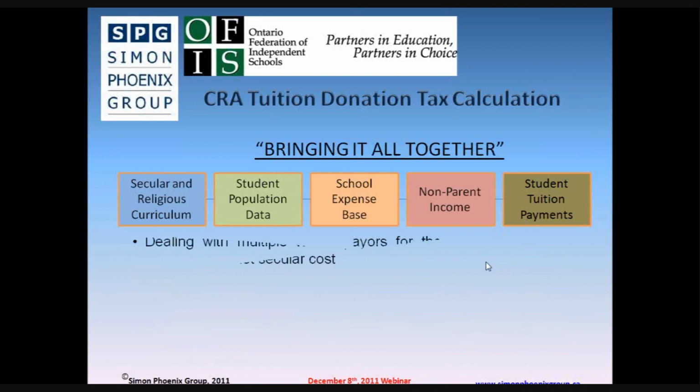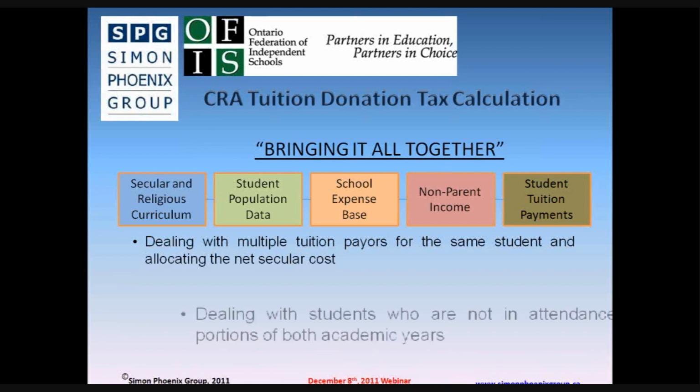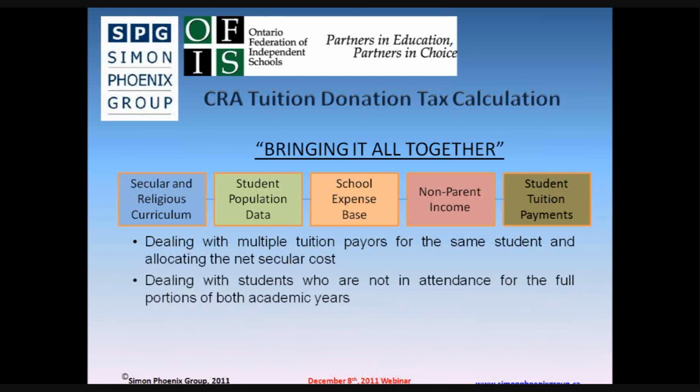So, in order to bring it all together, what are some of the things that you need to watch out for? You need to be able to properly deal with multiple tuition payors for the same student and allocate the net secular cost accordingly. You need to be able to deal with students who are not in attendance for the full portions of both academic years, and again, be able to allocate the net secular cost accordingly.